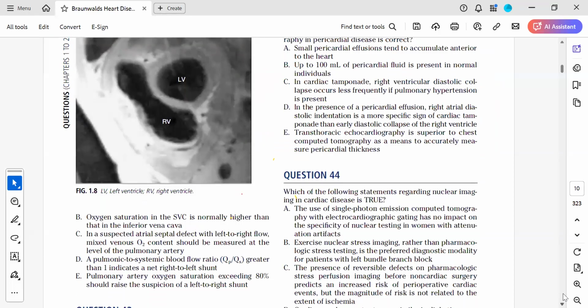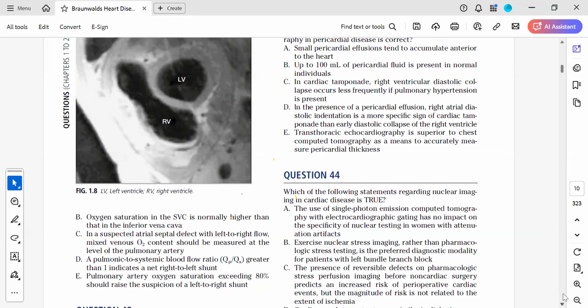B. The oxygen saturation in the SVC is normally higher than that in the inferior vena cava. C. In a suspected atrial septal defect with left to right flow, mixed venous oxygen content should be measured at the level of the pulmonary artery. D. A pulmonic to systemic blood flow ratio, QP/QS, greater than 1 indicates a net right to left shunt.